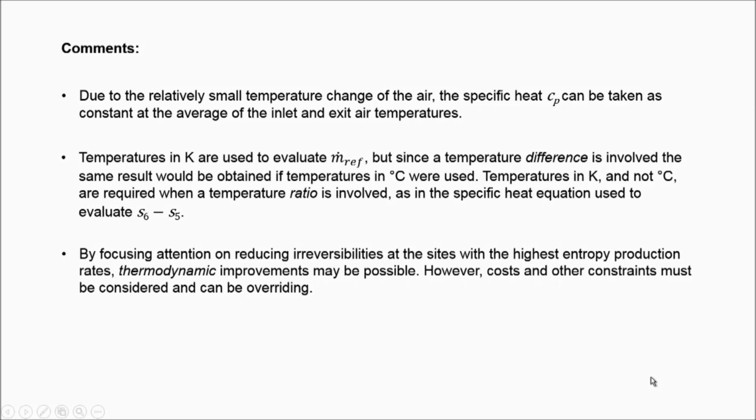By focusing attention on reducing irreversibilities at the site with the highest entropy production rates, thermodynamic improvements may be possible. However, costs and other constraints must be considered, and those can be overriding. Quick quiz.